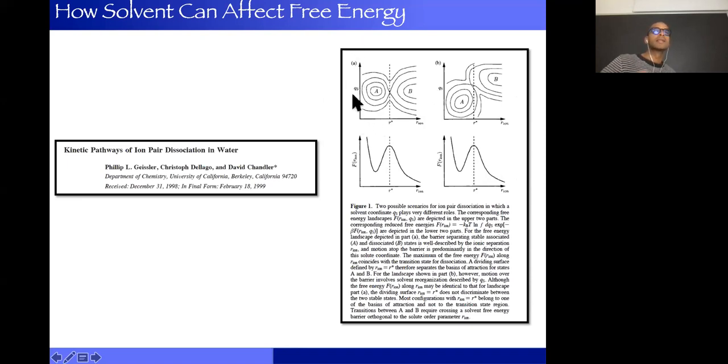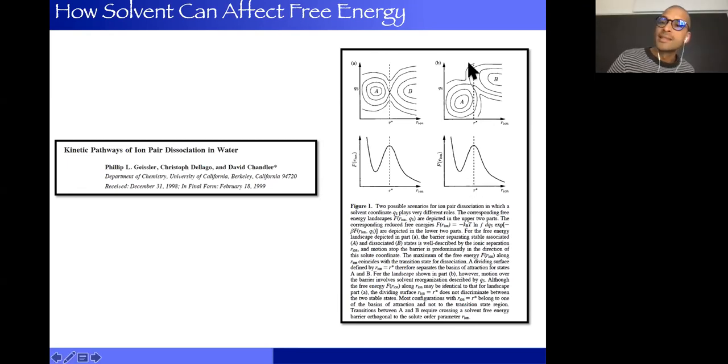On the y-axis, it's some solvent coordinate, some solvent reorganization. And what you see is that in this case, case A, this bottom curve, the distance between the ions does very well in separating out the two states, A and B, even in the solvent coordinate.